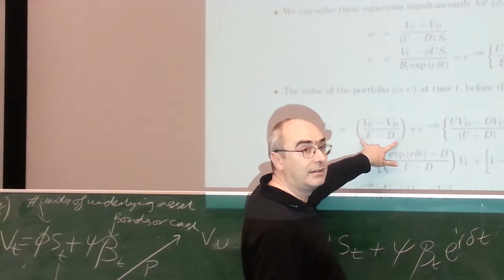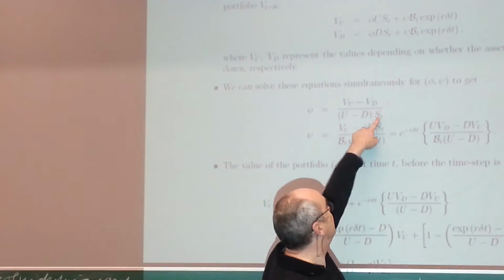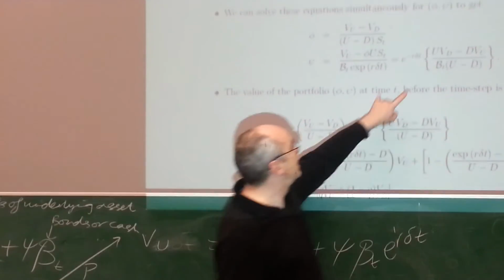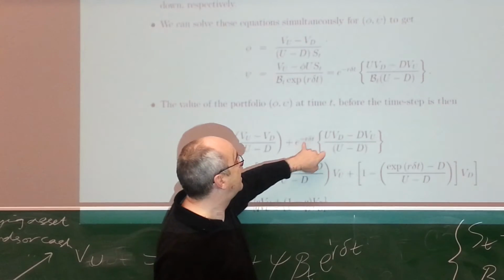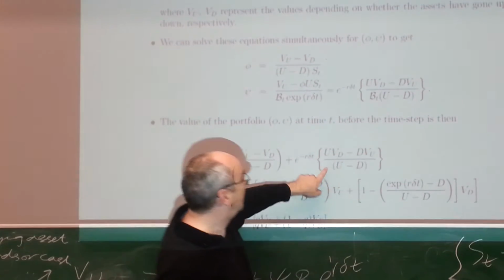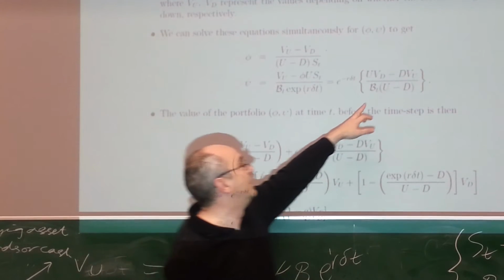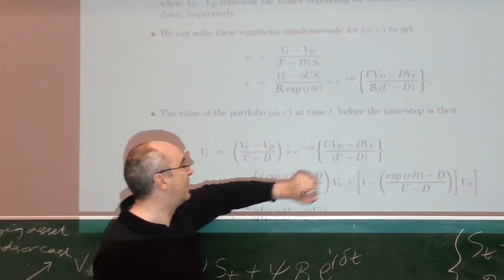Here was my phi times ST. Phi is this divided by ST, so when I multiply it, that's my phi. My psi is this times the bond value, which kills off that bond value. So that's another reason why we don't really need to know what VT is, but it's there.